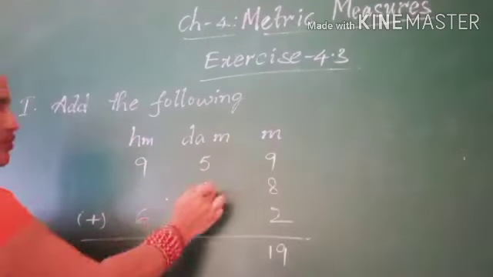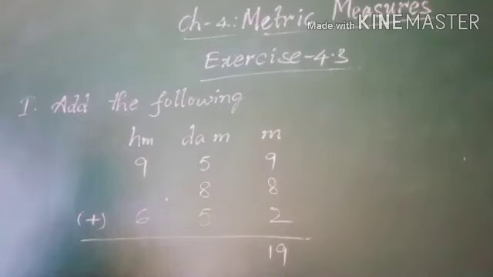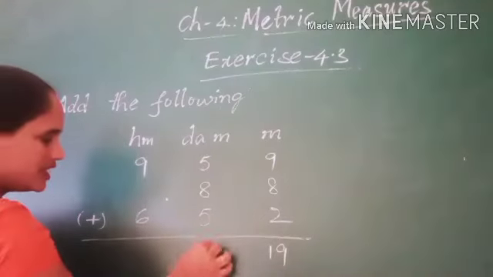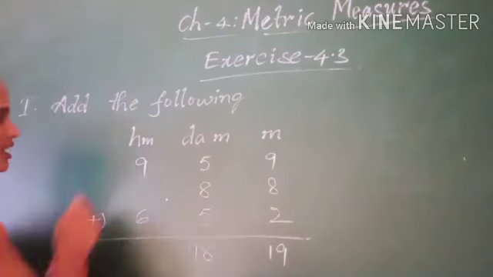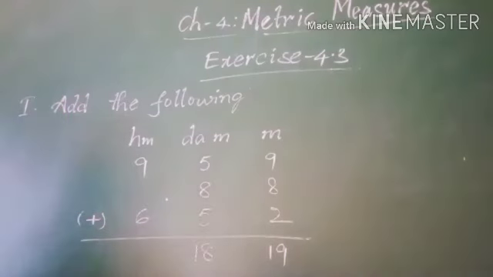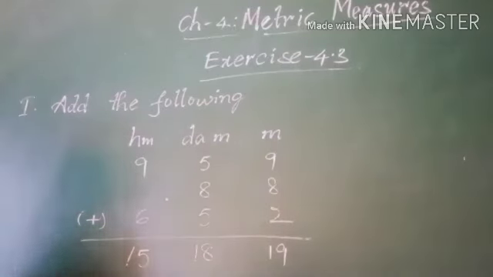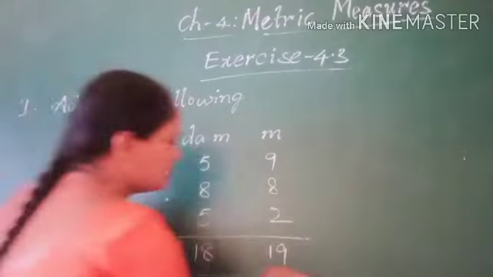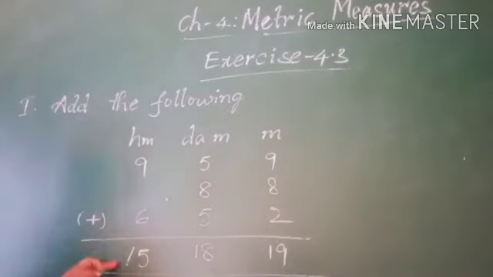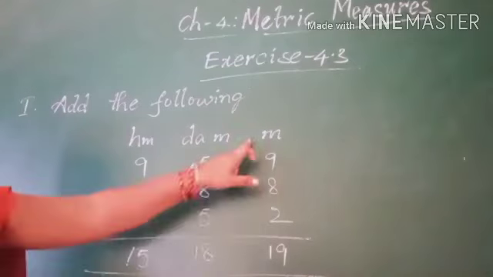Then 5 plus 8, 13, 13 plus 5, 18. Directly you write 18 here. 9 plus 6, 15. What we get here? Total length 15 hectometers, 18 decameters, 19 meters.